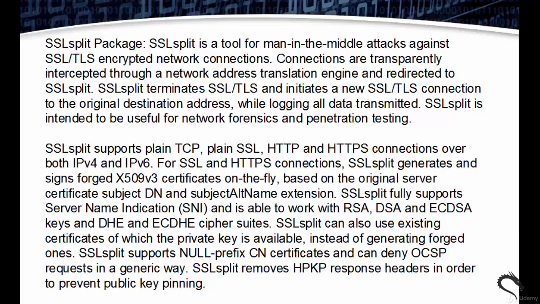SSLsplit can also use an existing certificate of which the private key is available, instead of generating forged ones. SSLsplit supports NULL-prefix CN certificates and can deny OCSP requests in a generic way. SSLsplit removes HPKP response headers in order to prevent public key pinning.